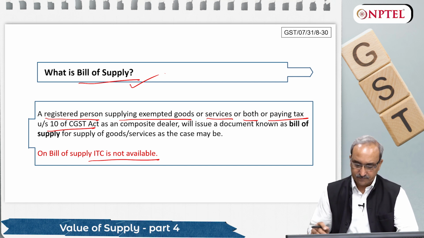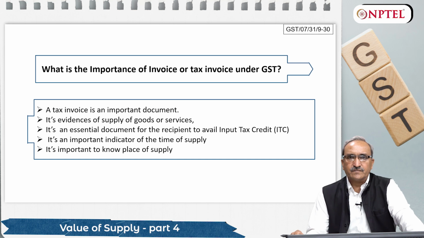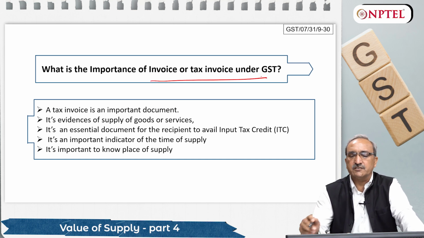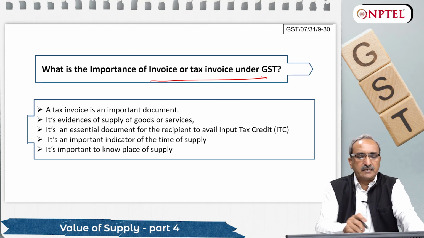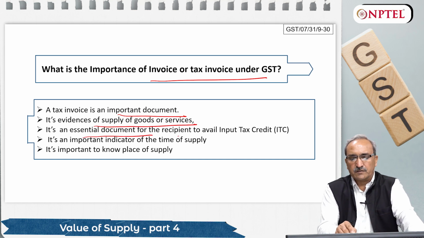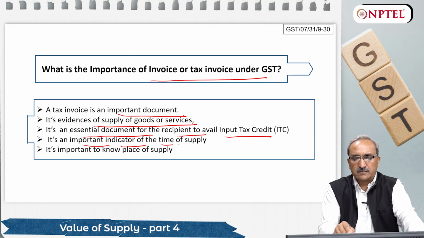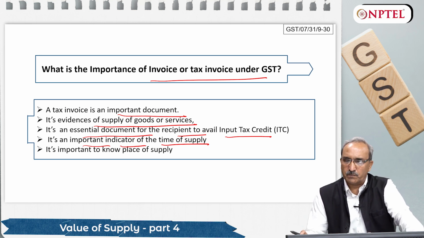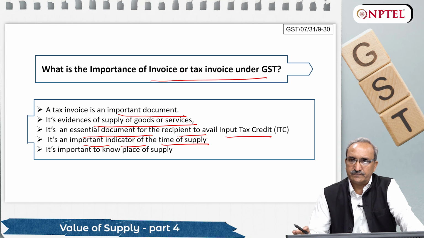So friends, once again, to sum up, what is the importance of an invoice or a taxable invoice under GST? A taxable invoice is an important document. It is evidence of supply of goods and an essential document for the recipient to avail ITC. It is an important indicator of time of supply. I told you that the date mentioned on the invoice will decide the time of supply and accordingly tax will be paid.